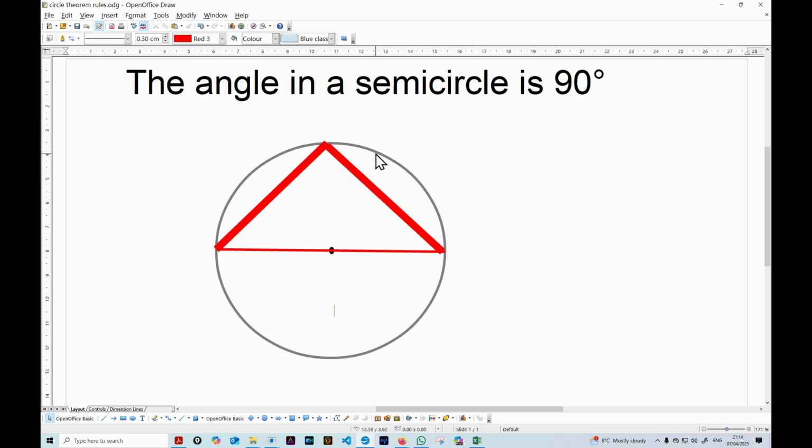It's the same rule, isn't it? That is 90, and that's 180 degrees.